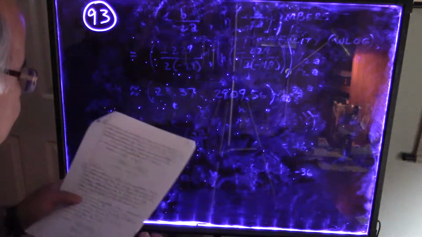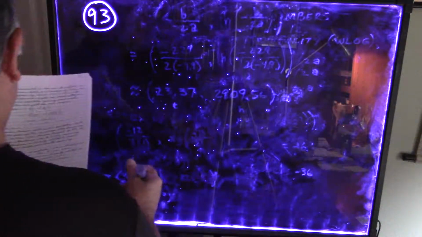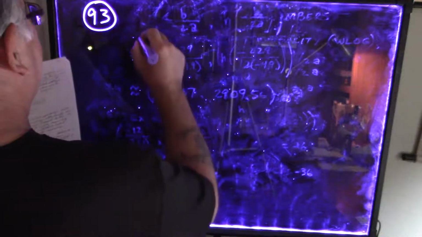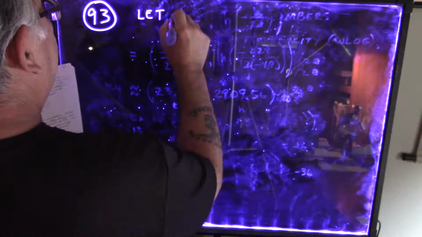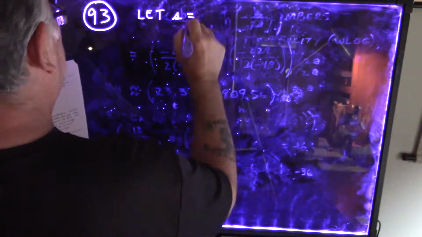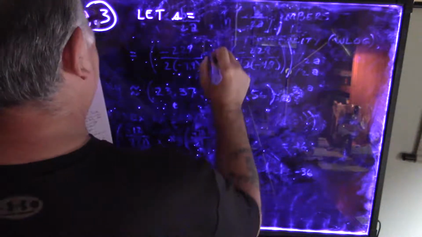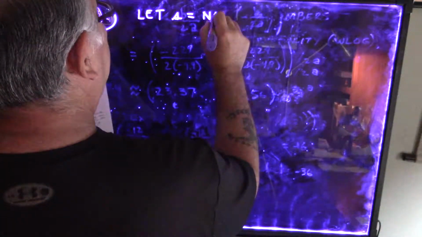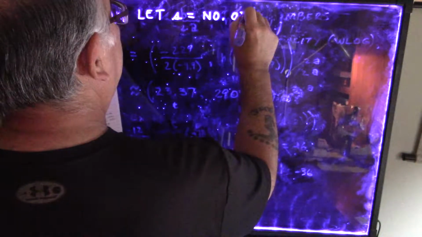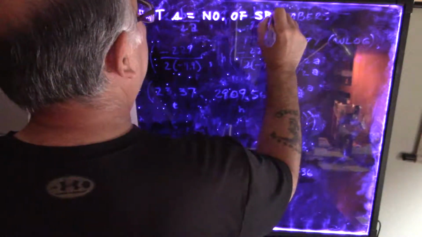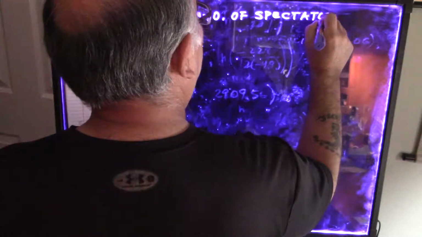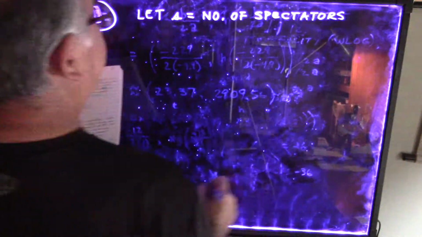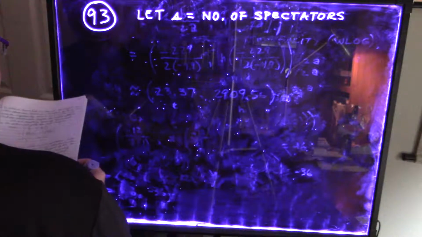So first of all, we need to assign variables. What do we have here? Let S lowercase equal number of spectators. And what's related to that?